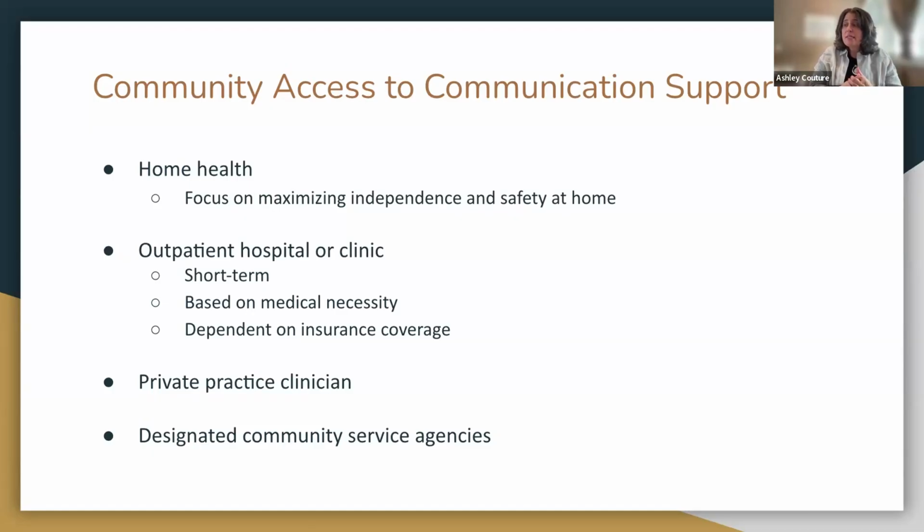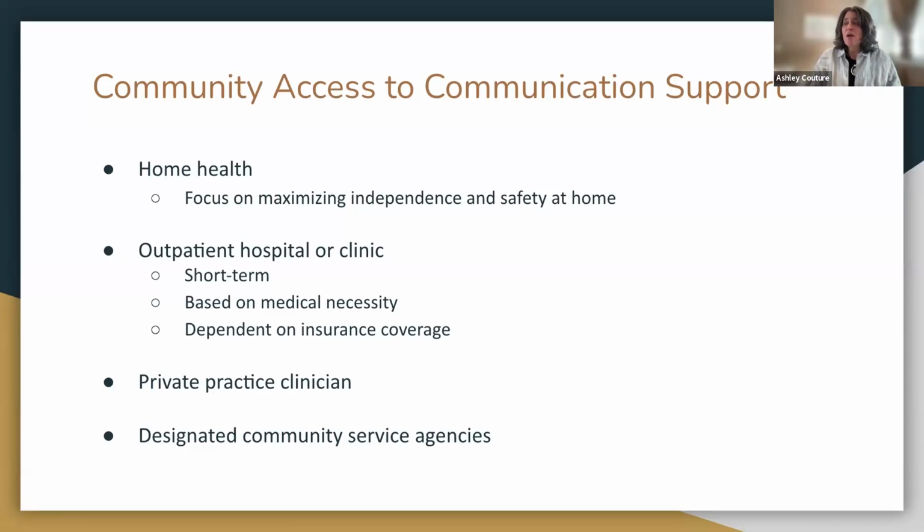There are private practice clinicians, as some of you may have experience with. We're in a significant speech pathology shortage in this state. It may not be just Vermont, it may be nationwide. I think it is nationwide, actually. But particularly in Vermont, where we're a small number of folks spread out, it's really hard to get access to private practice services.